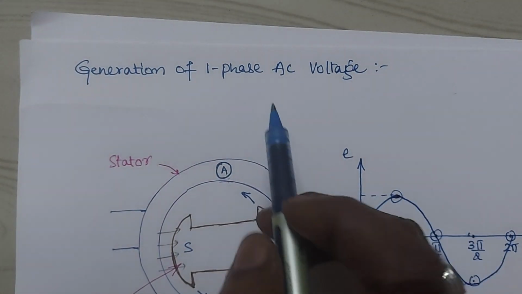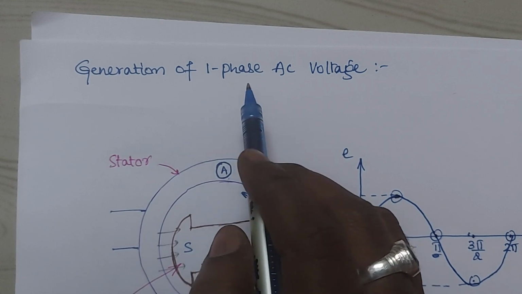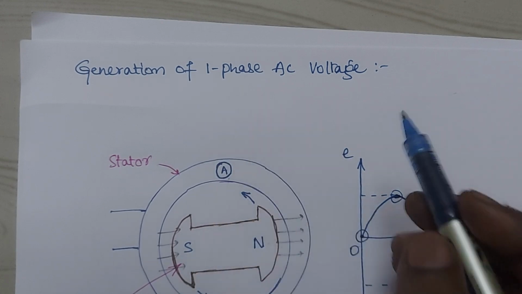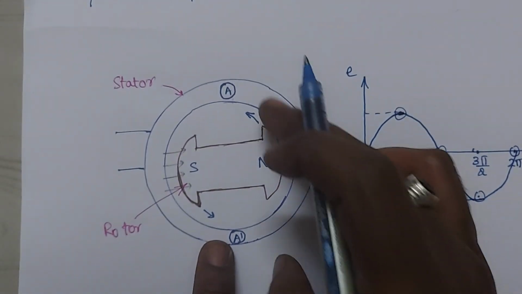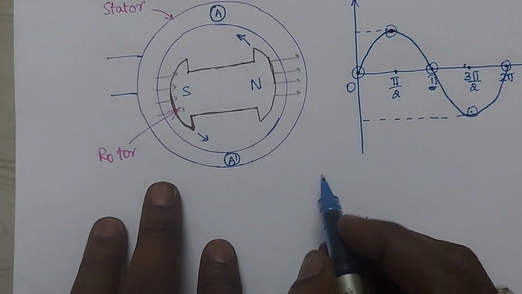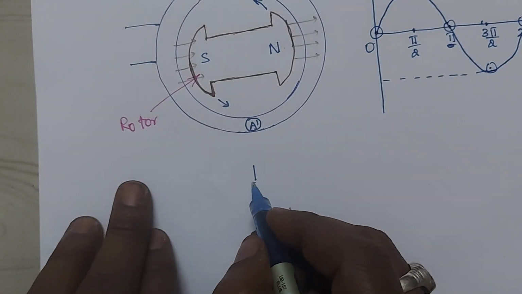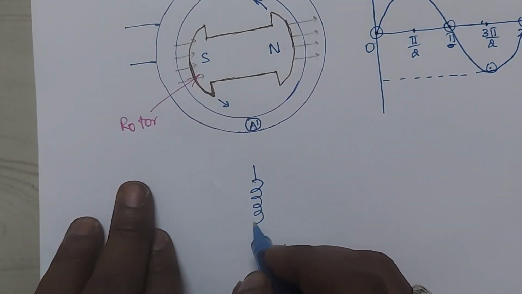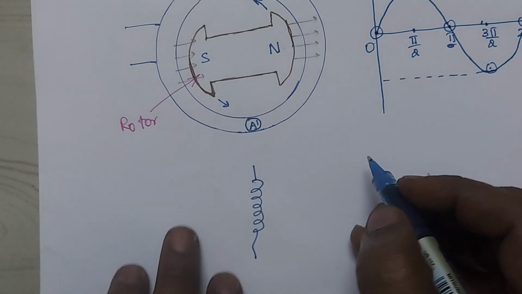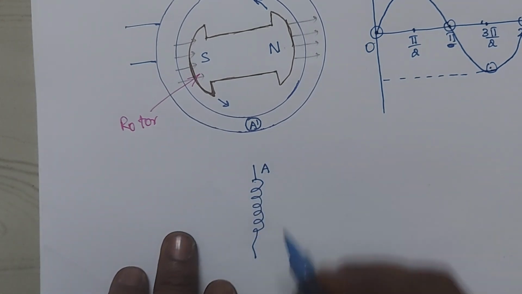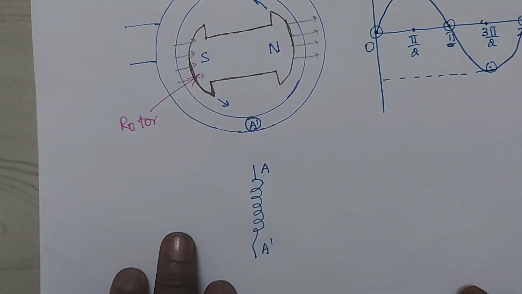So what do you mean by phase? Phase means a winding or coil. So how many coils are there here? Only one coil is there. Here it is A and this is your A dash.